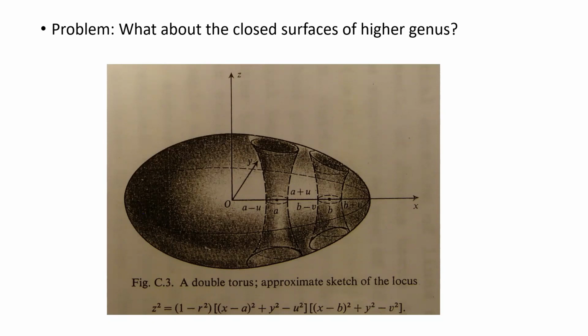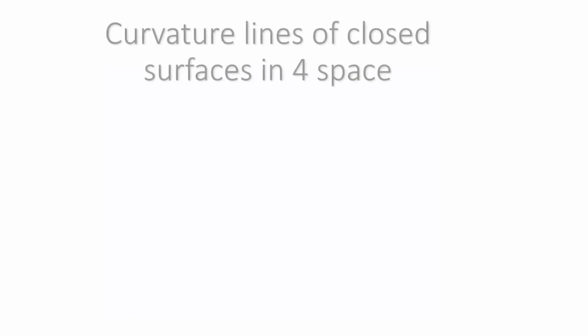Let's try to show how we can use embeddings of a closed surface in R4 in order to describe first some principal configurations or curvature lines in these surfaces, and then how we can immerse again by the stereographic projection in R3 in such a way that we preserve the curvature lines.